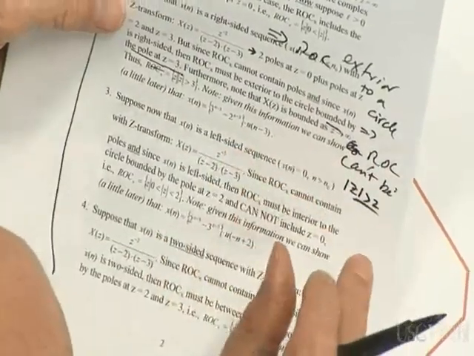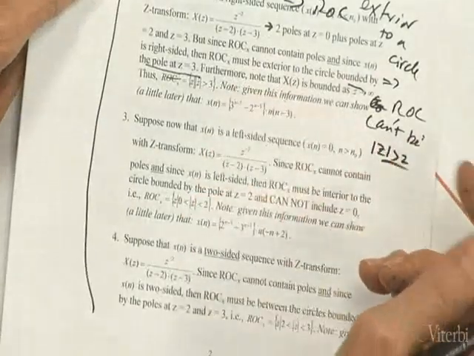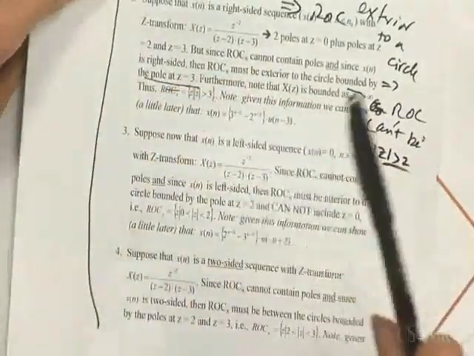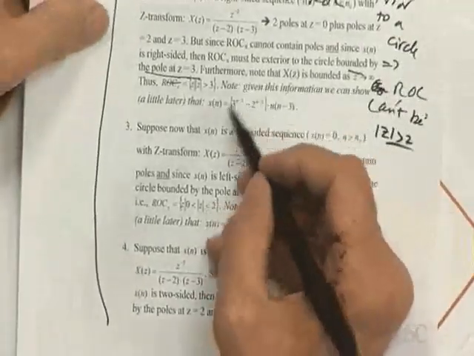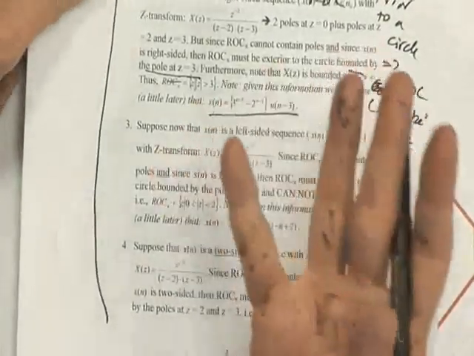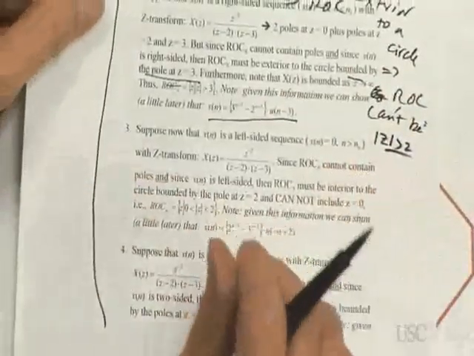Thus, the region of convergence is the set of all z with magnitude of z greater than 3. In other words, it includes infinity. Now, given this information, we can show that the sequence is right-sided. Well, I already told you that. And it's causal, okay? I can tell you both of those.